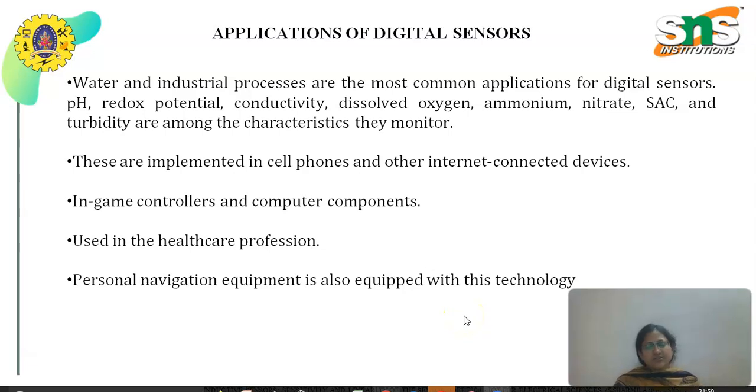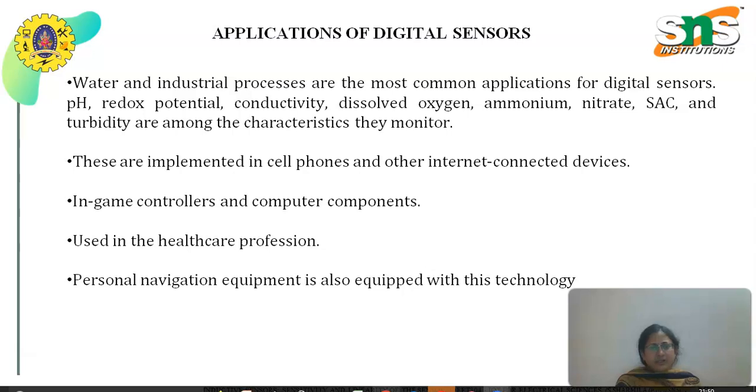And the applications of digital sensors include many industries and many applications. Water and industrial processes are the most common applications for digital sensors. They are also used for pH measurement, redox potential measurement, conductivity measurement, and to measure dissolved oxygen, ammonium, nitrate and SAC, and some others.